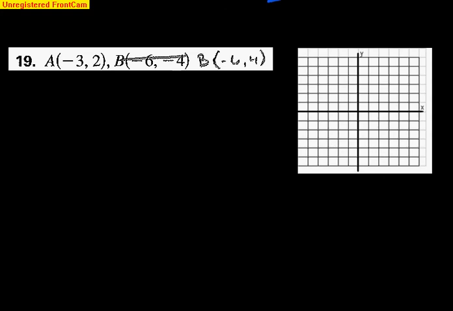Okay, next problem is one of my favorite problems. The directions say find C on the x-axis to minimize AC plus BC. So find C on the x-axis to minimize the distance AC plus BC.